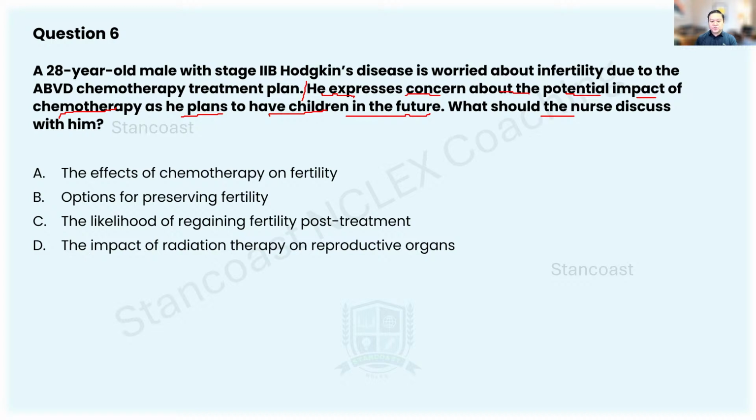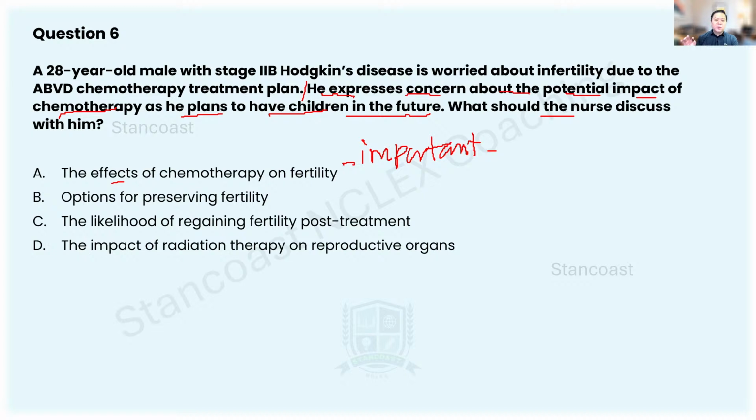Well, let's go through the options here. What about letter A? The effects of chemo on fertility. This is important, guys. We need to discuss the effects of the chemo on reproductive function. This is a good part of the discussion, the effects.